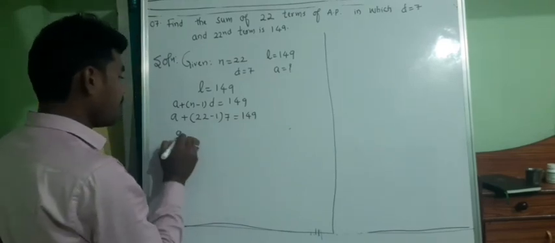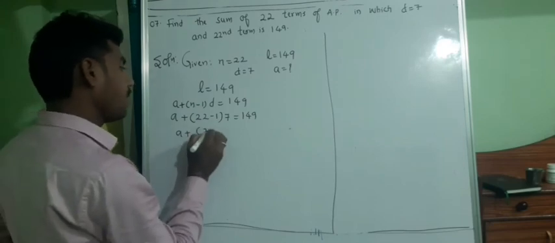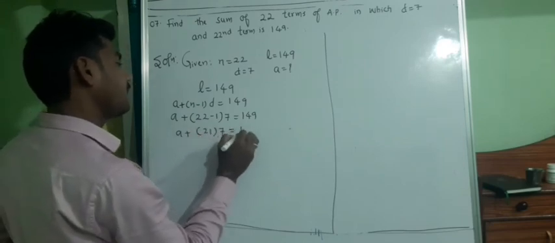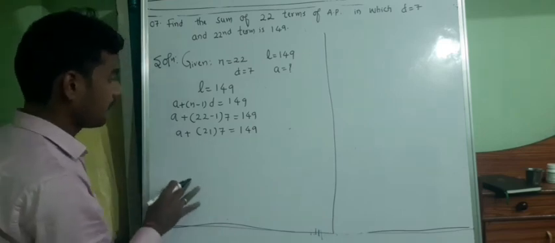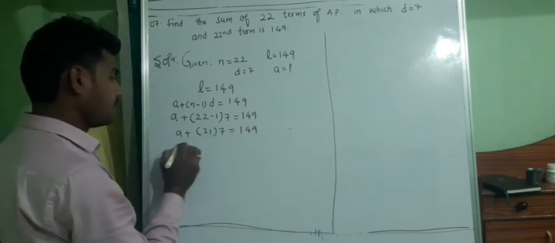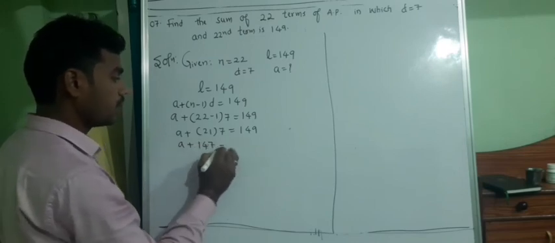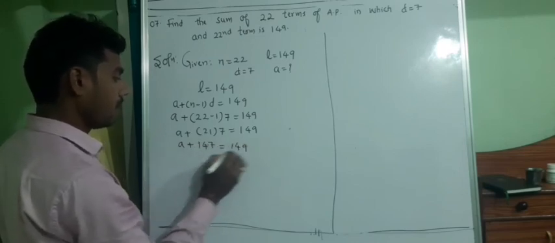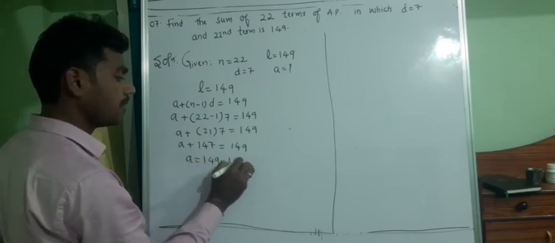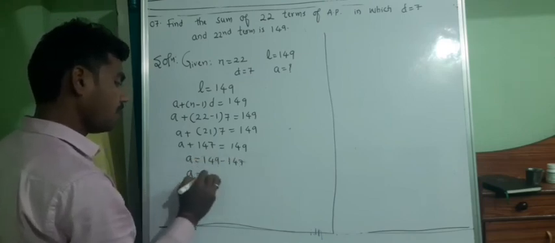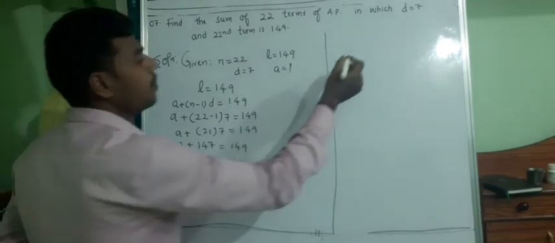Next, A plus 22 minus 1 is 21 into 7 is equal to 149. 7 1s are 7, 7 2s are 14, 147 is equal to 149. So A is equal to 149 minus 147, or A is equal to 2.